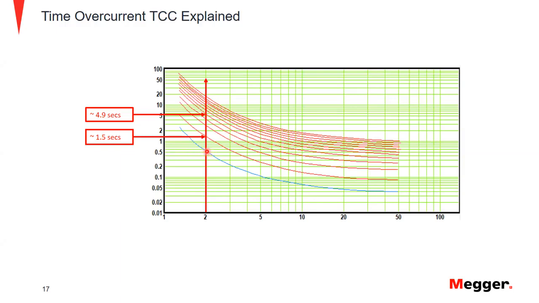This first time dial would hit us at 2 times the current value, but then if we hit 0.5, we might not even get across it until a little bit after 3 times the current multiple. That just means we can still apply a specific time, but the current level might be a little different. It's going to be increased, actually. So it depends on where you want to go within the curves, but the inverse curve works the same way, whether we're using constant time or constant current multiple.